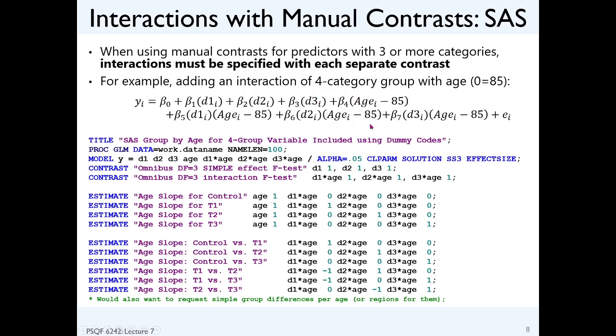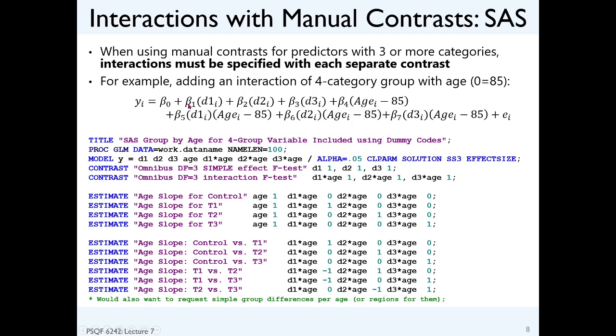So what this model is testing conceptually is whether or not there is a different effect of age within each of these groups, and simultaneously, whether or not the extent to which one group differs from another depends on age. So whether the group differences vary by age, or whether the age slopes differ between groups. That is what beta 5, beta 6, and beta 7 are working together to tell us.